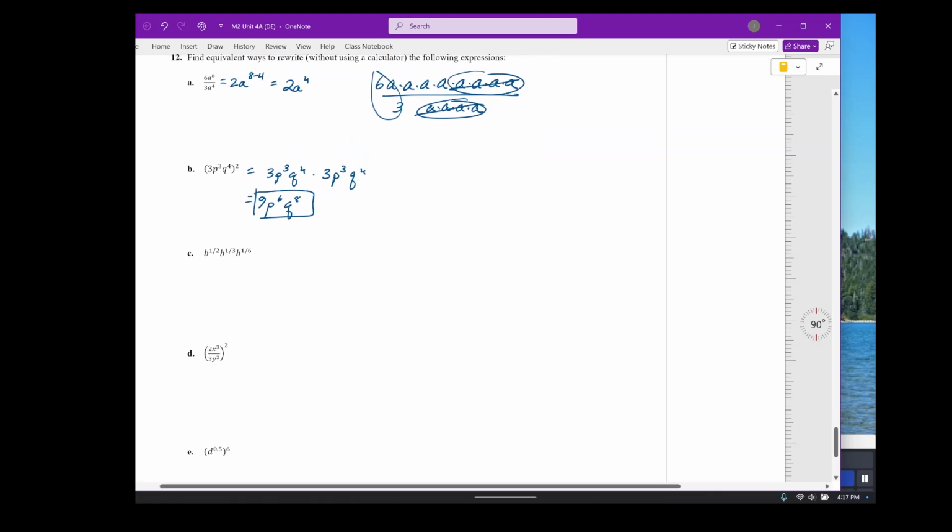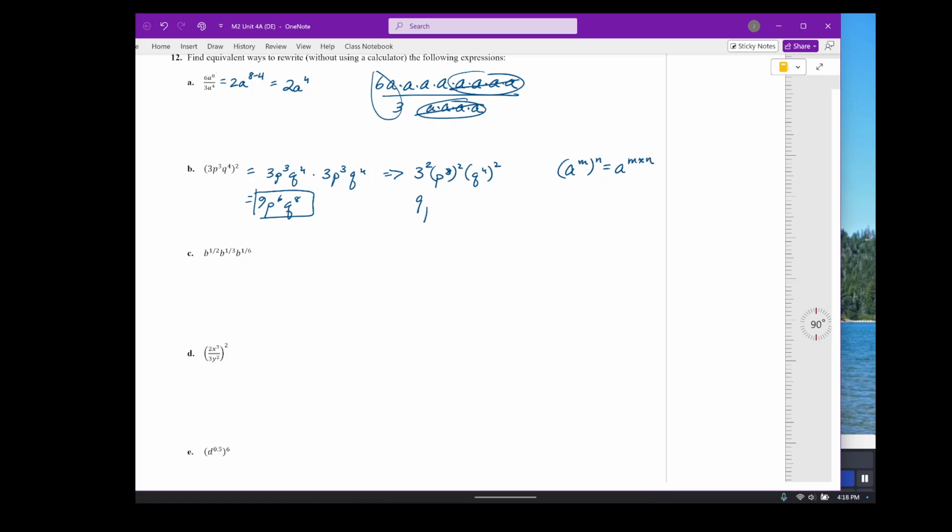You could also do it this way. You could think of it also as 3 squared, p cubed squared, q to the 4th squared, and then use the rules that we have. Well, that's just 9. This is p cubed squared, and we learned the new rule that said a to the m to the n is a to the m times n.